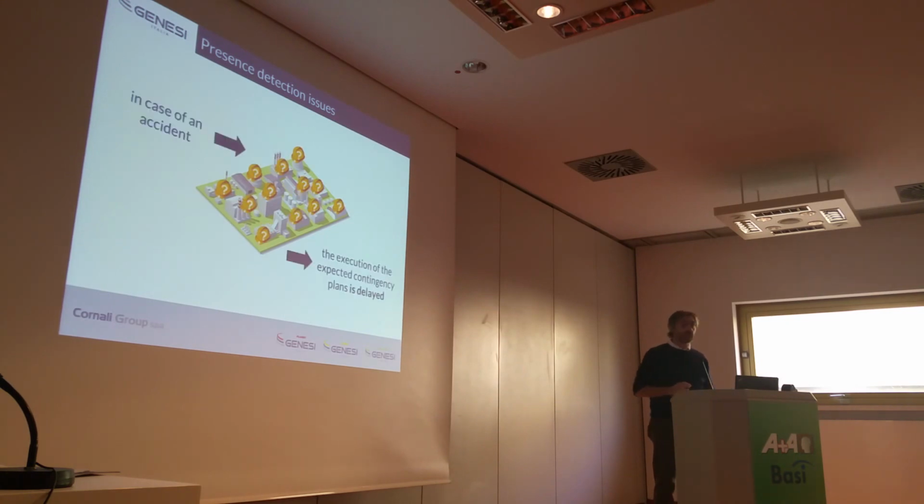Under this condition, in case of an accident, the lack of knowledge about the presence and location of the worker may delay the execution of the expected contingency plan. This is the first issue we can identify correlating presence detection and lifelines.